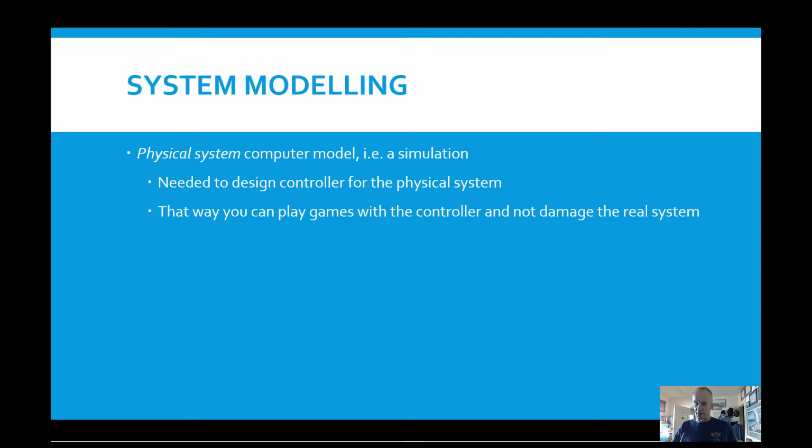This is very advantageous because you won't break the real system. You're able to get the controller to have the properties that you want without doing any damage to the real system. And you can even run the simulated system into areas that you normally would not run the real system into because of the danger of damaging that real system.